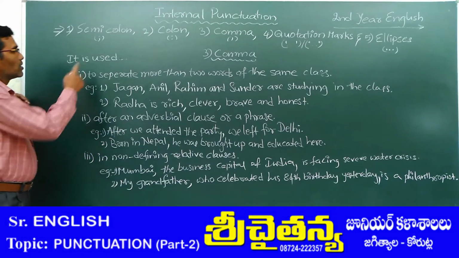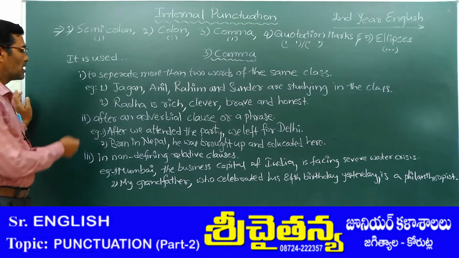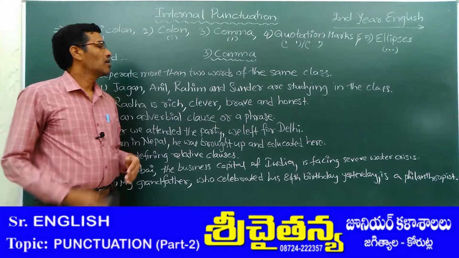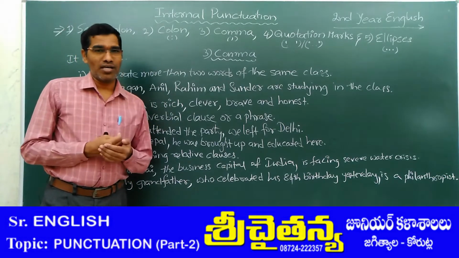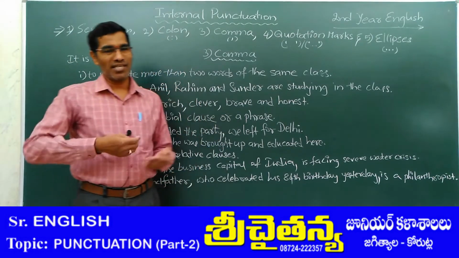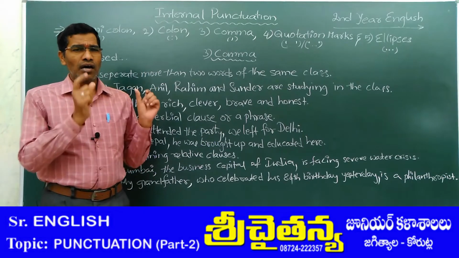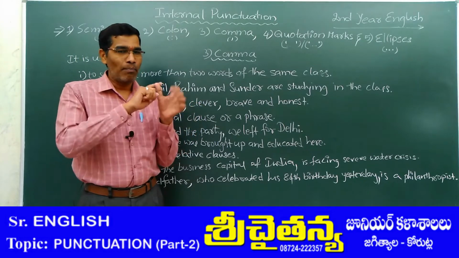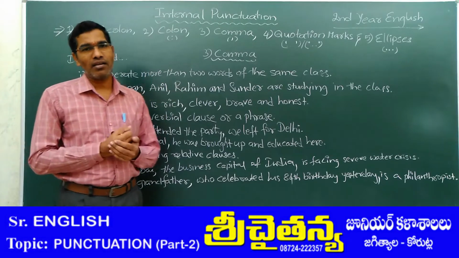Okay. The second use of comma is after an adverbial clause or a phrase. Here, again, adverbial clause. Just now I have told you that a clause is nothing but a sentence. Then what is an adverbial clause? A sentence that refers to a place or time is called an adverbial clause.